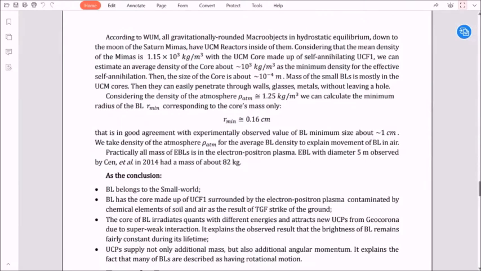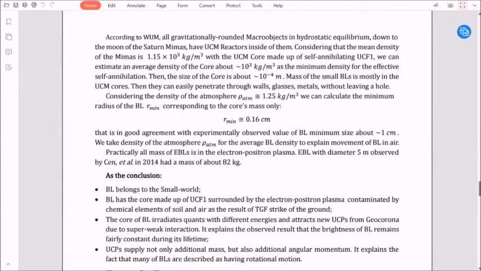Ball lightning has the core made up of UCF1 surrounded by electron-positron plasma contaminated by chemical elements of soil and air as the result of the TGF strike of the ground. The core of ball lightning irradiates quanta with different energies and attracts new UC particles from geocorona due to super weak interaction.